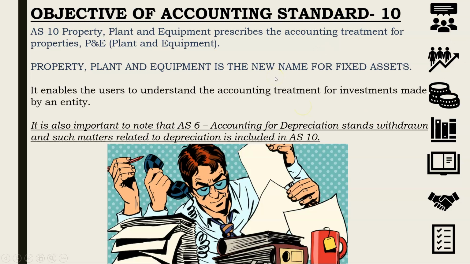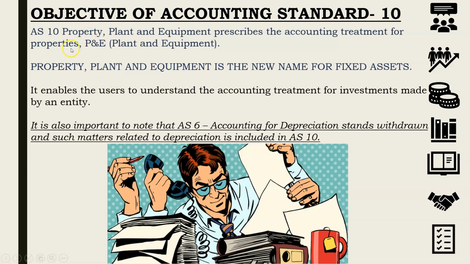Objective of Accounting Standard 10. Accounting Standard 10, that is property, plant and equipment, prescribes the accounting treatment for property, plant and equipment. As we have already considered in the definition of accounting standard, they tell us how we recognize a particular treatment or a particular transaction in various events.